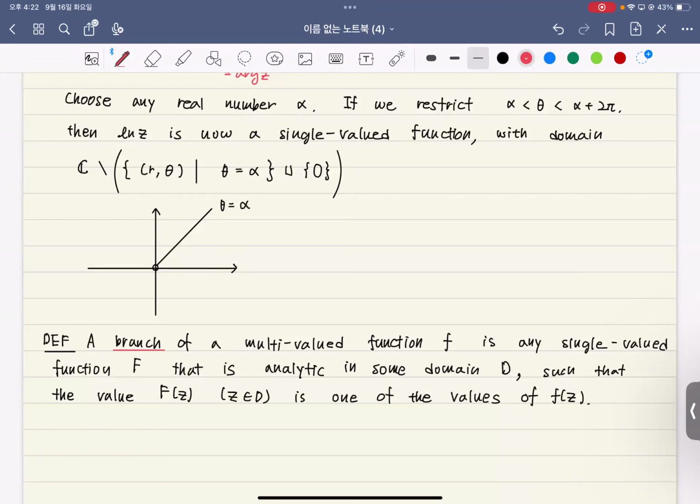This is a very strong condition. Being analytic means complex differentiable, and it also must be continuous. Therefore, we require my function, large f, to be analytic and continuous on this set D. On top of that, I also want the function value capital F of z to be one of the values of f of z. Right? So this is our definition of the branch.